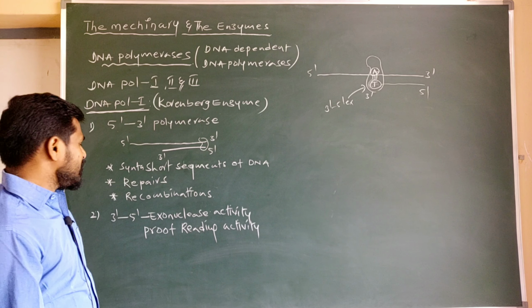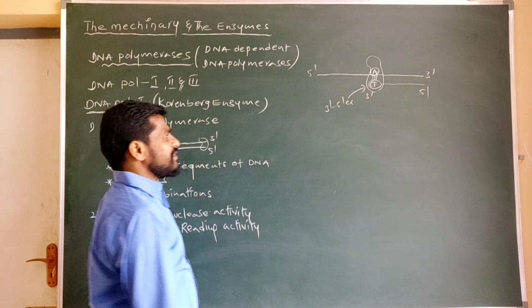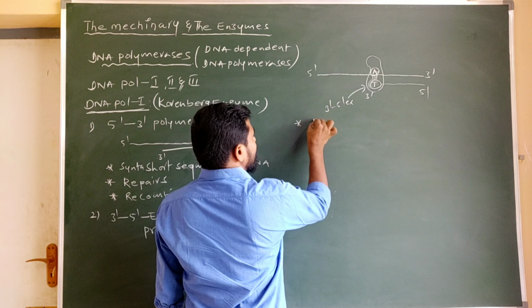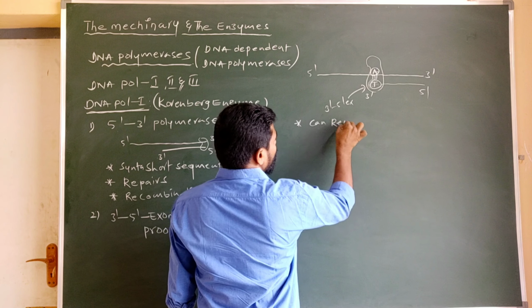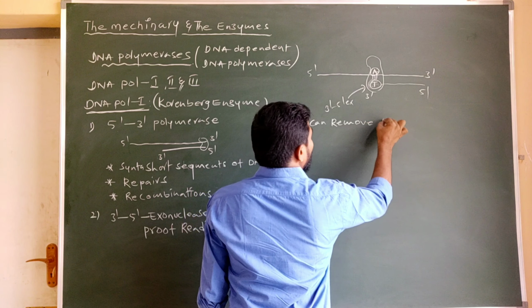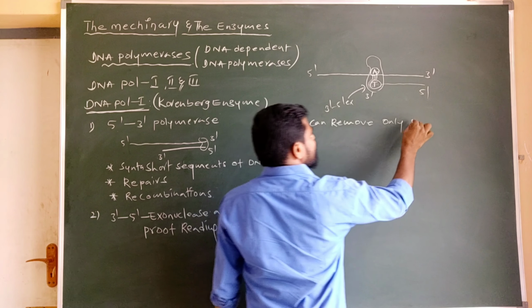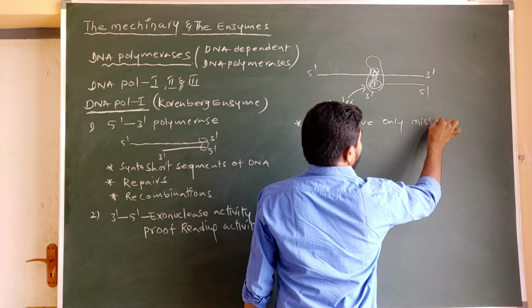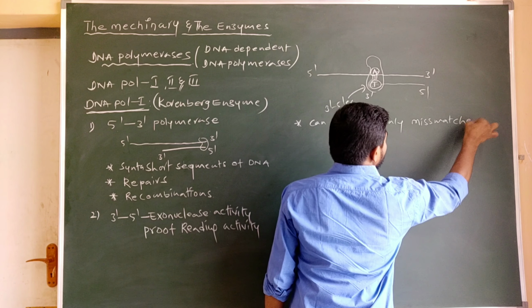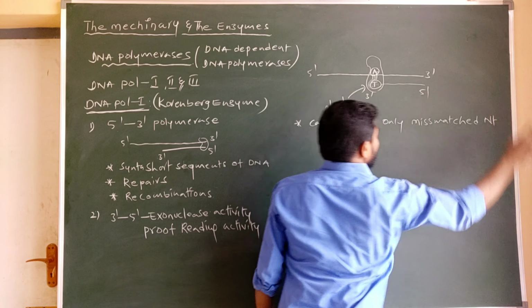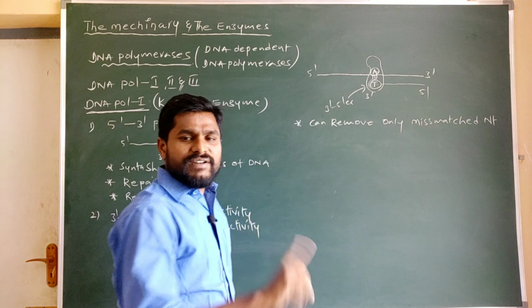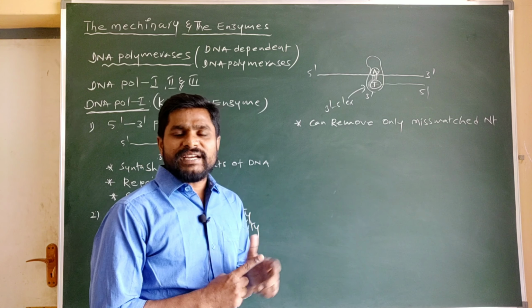The limitations of this 3' to 5' exonuclease activity are: it can remove only mismatched nucleotides. It can never remove properly paired nucleotides.